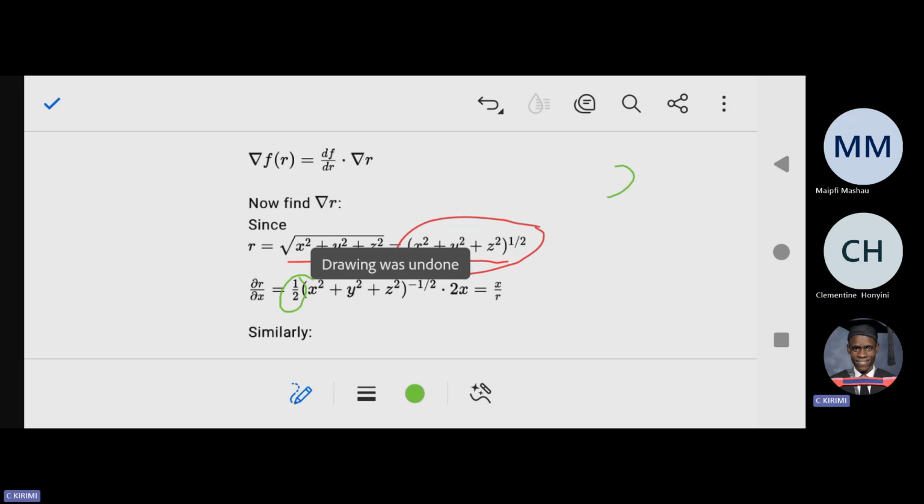X to the power half, then what is inside the bracket you copy as it is, to the power n minus 1, which means to the power half minus 1. What is half minus 1? It's negative half. Then you multiply everything by the derivative of the inside.